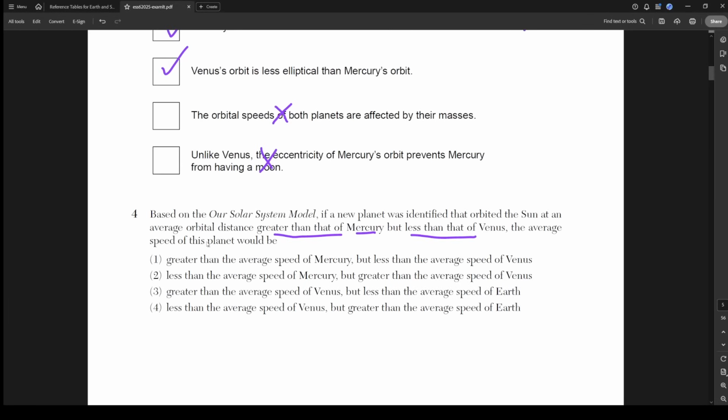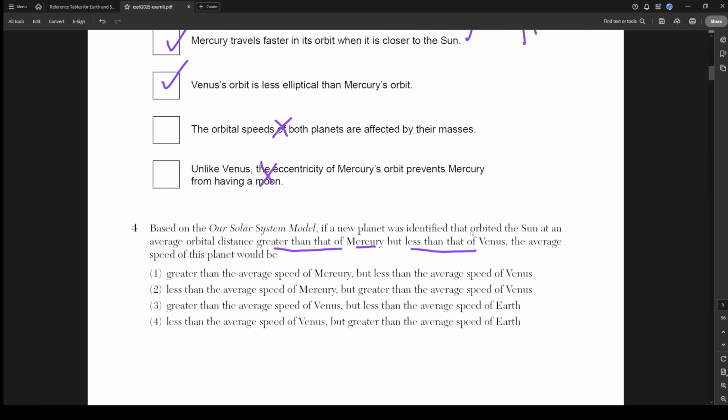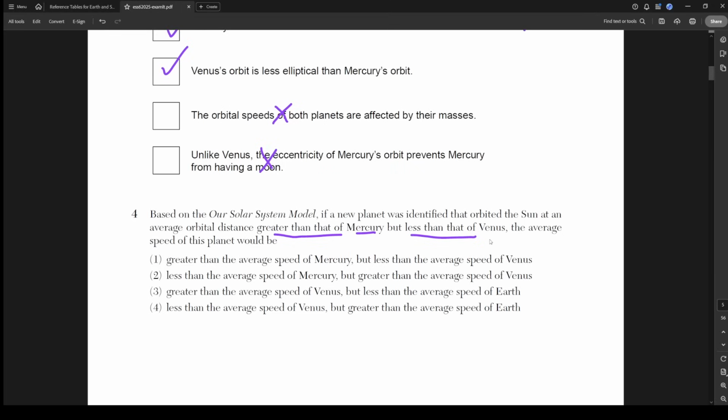The average speed of this planet would be, remember, this is Kepler again, the further you are from the sun, the slower you are. So it's going to be slower than Mercury, but faster than Venus. So we've got to find that. Greater than Mercury, no. Less than Mercury, yes, but greater than the average speed of Venus. That's going to be good.